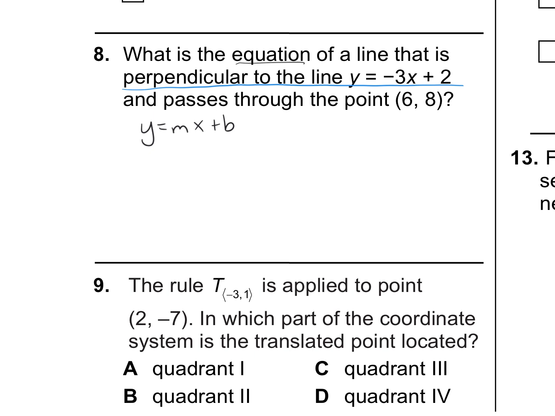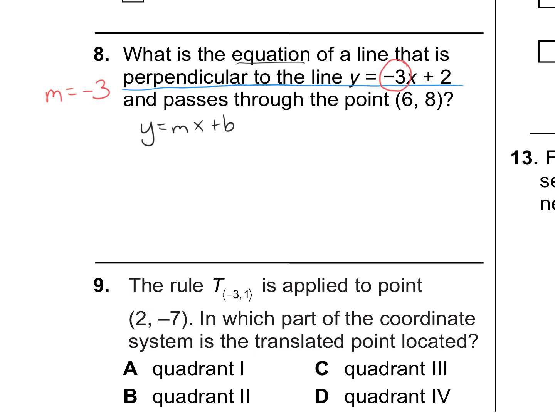What do I do with that information? It's dealing with the slope, right? What is the original slope? Where'd you get negative 3 from? It's in the equation, right? It's in the slope spot, so our original slope is negative 3.